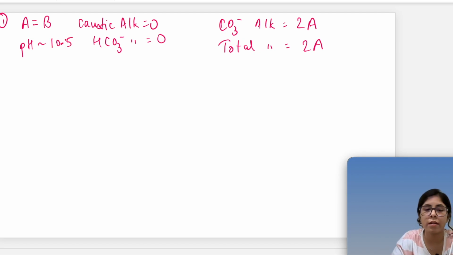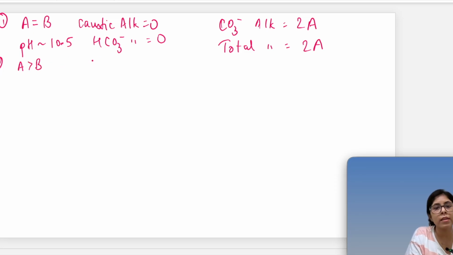So A has become equal to B. This is the first case, where methyl orange alkalinity is equal to phenolphthalein alkalinity. Now the next case which comes to us is A greater than B.